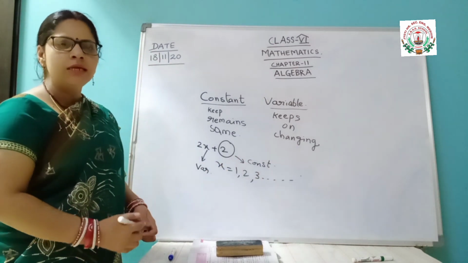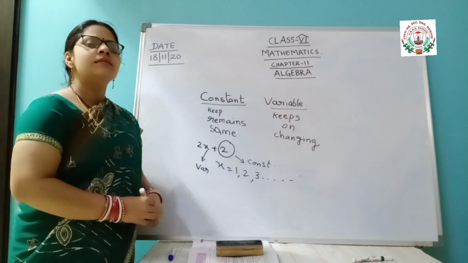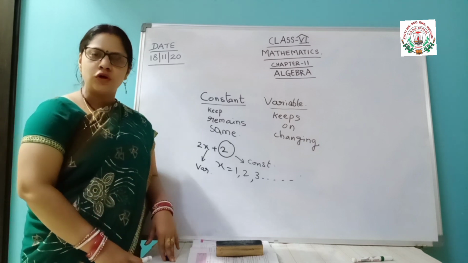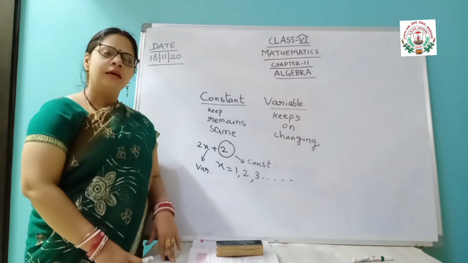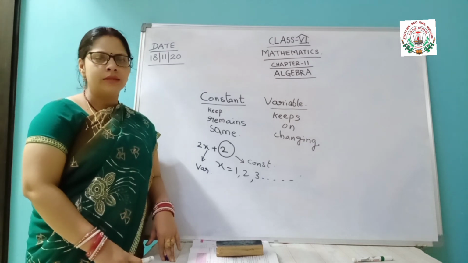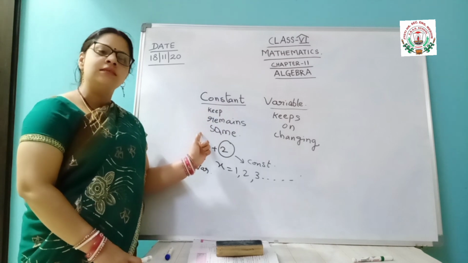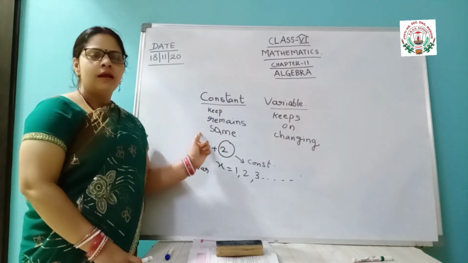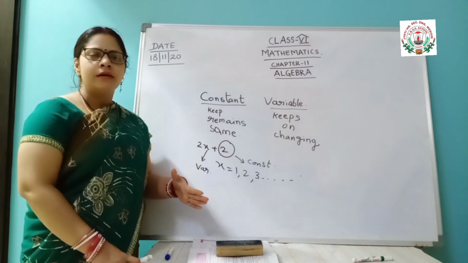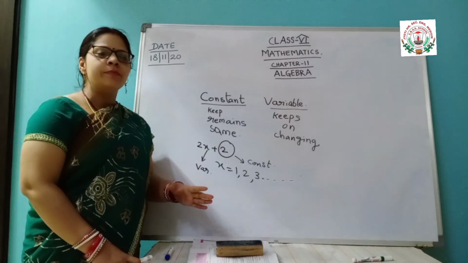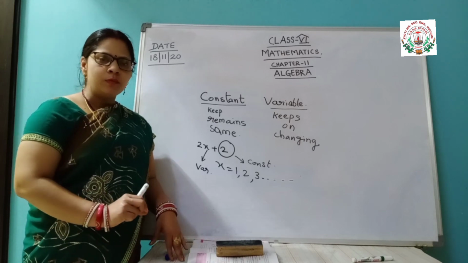Understood the meanings, the difference between the constant and the variable? Just like living and non-living things are opposite, similarly constant and variable are opposite to one another. Constant means it remains the same everywhere. Like any number, when you take 100 or 10 or 4, 5, any number in different questions, that value will be the same only.